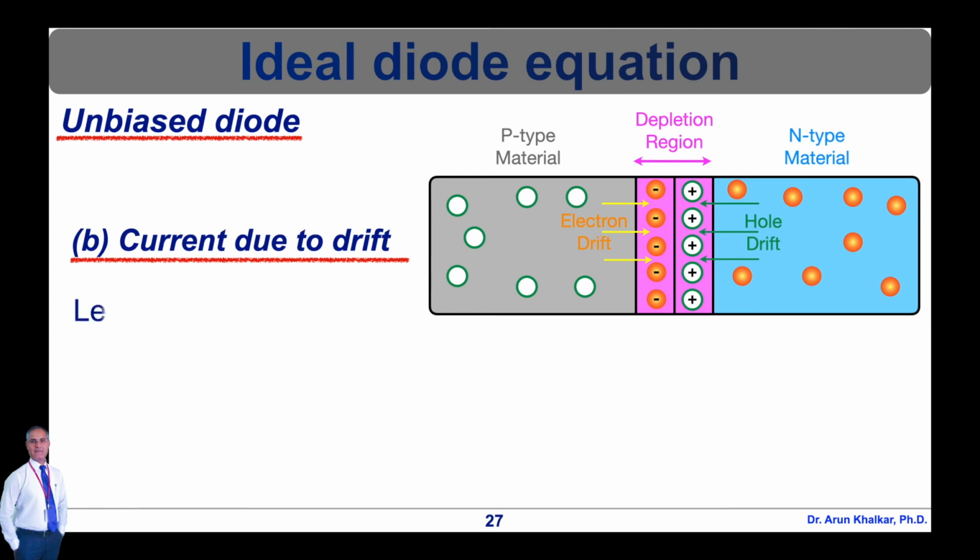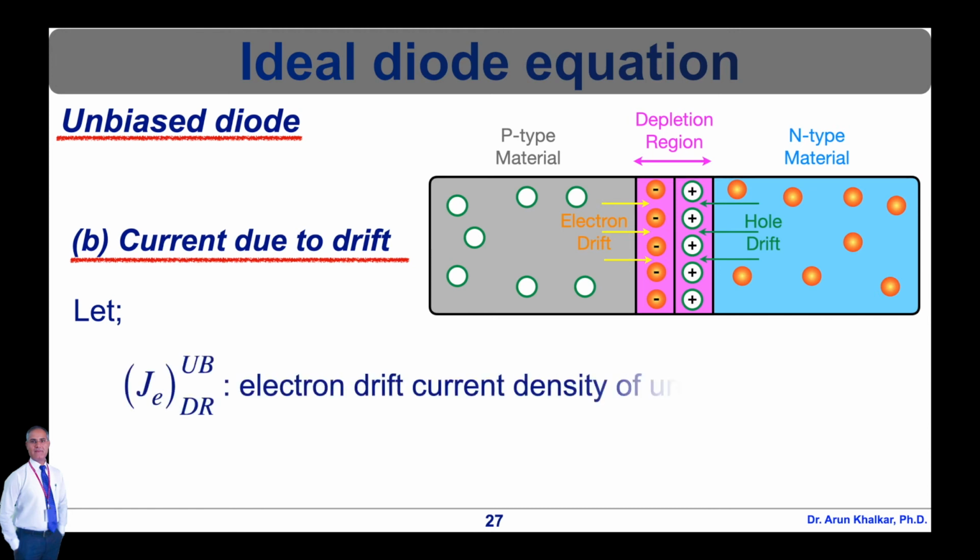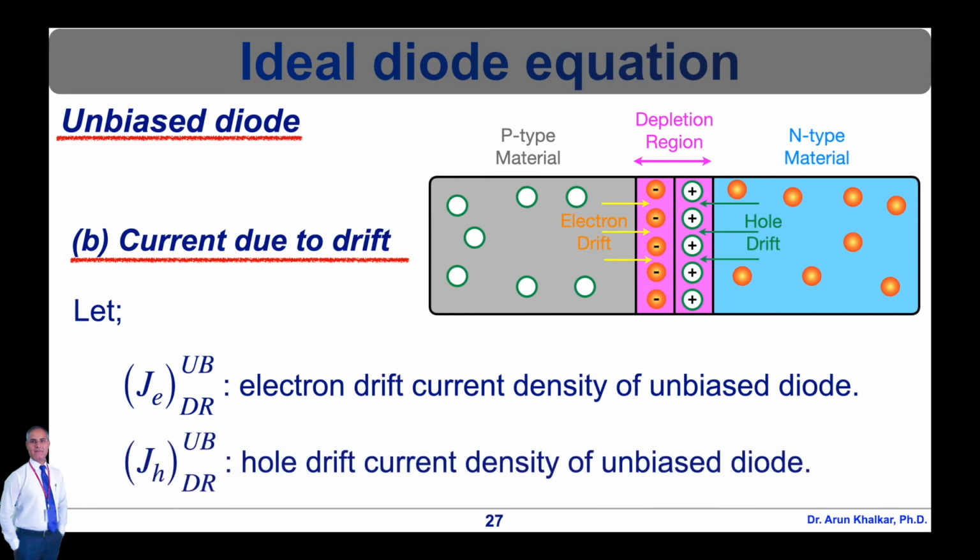Therefore, by using special notations, let capital J E dr UB stand for electron drift current density of unbiased diode. Similarly, J H dr UB stands for hole drift current density of unbiased diode.